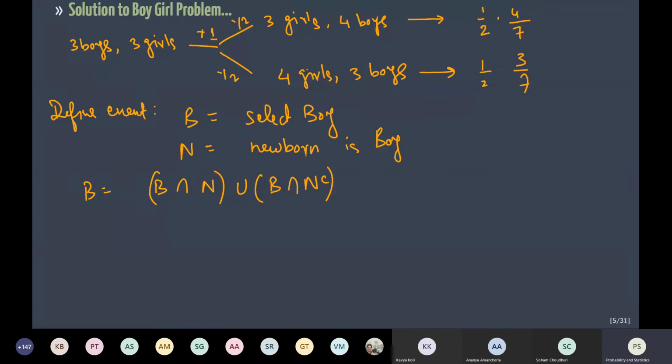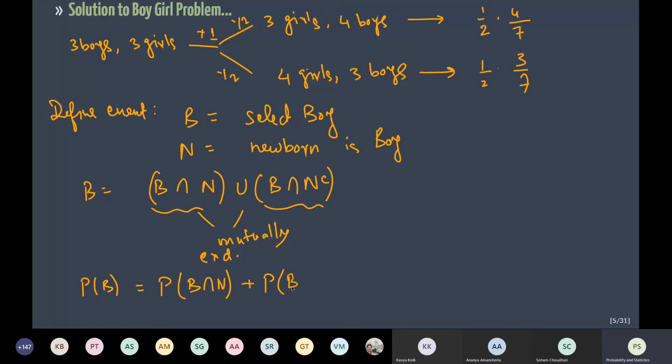So you take everything that intersects with N, or everything that intersects with N complement. So overall it will be B, right? And these are mutually exclusive. Now the probability axiom says that I can write this as probability of B intersection N plus probability of B intersection N complement.